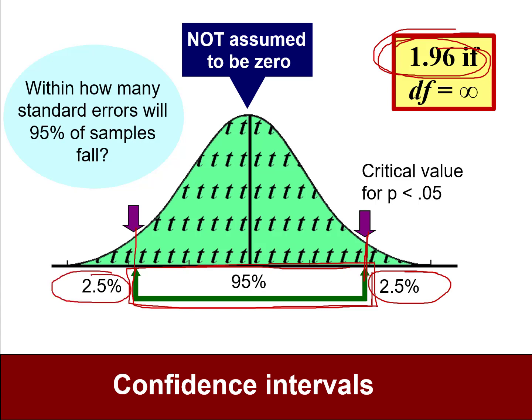So altogether, 5% of the samples will be more extreme than 1.96 standard errors, and 95% of the samples will fall within plus or minus 1.96 standard errors of my true population parameter, if 1.96 is my critical value based on my degrees of freedom.